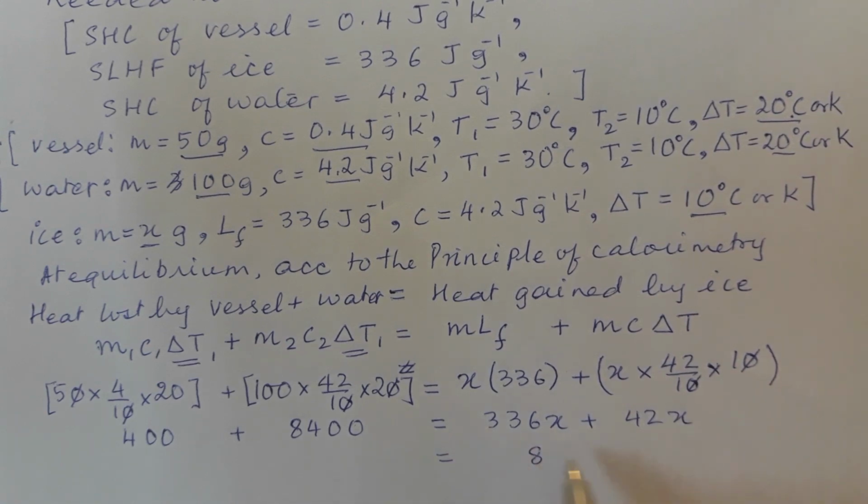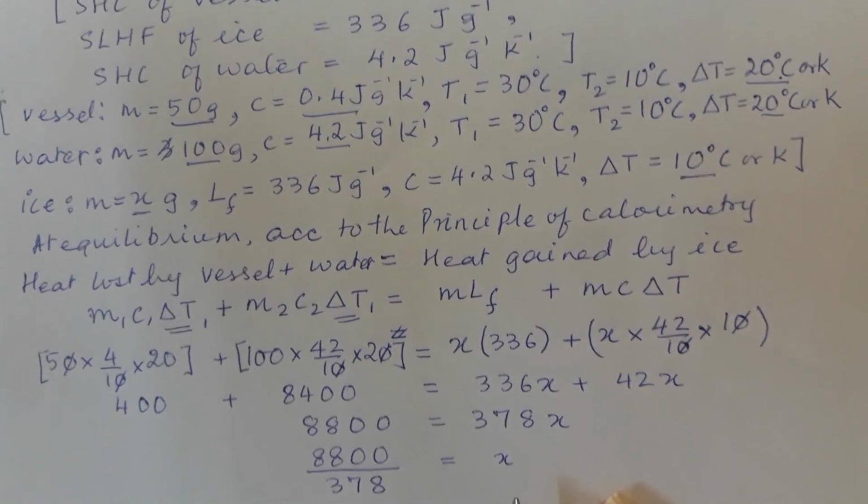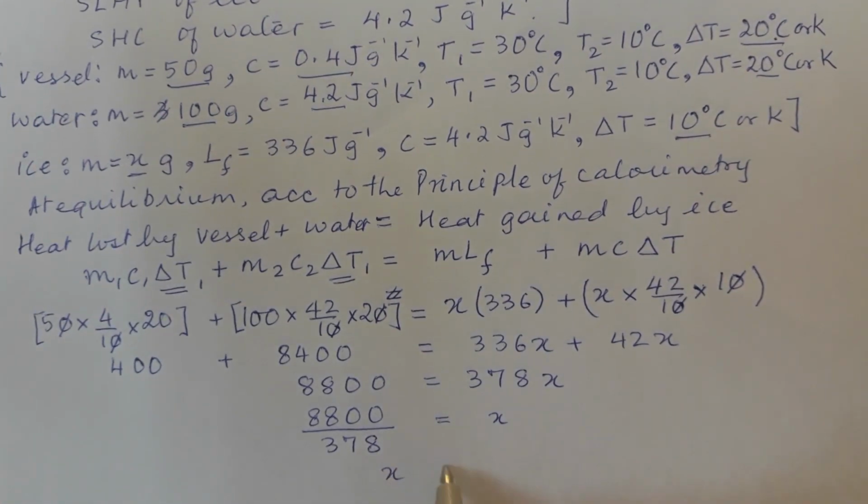So we will have 378x equal to 8800, and so we will have x equal to 8800 upon 378, and your x will come out to be 23.28 gram, and this is the mass of ice, and that is our answer.